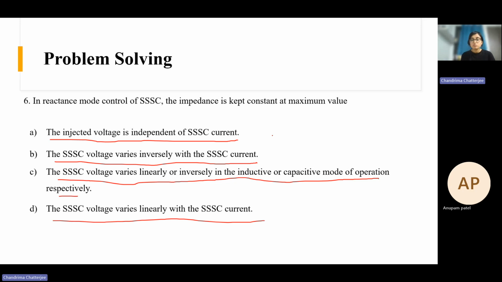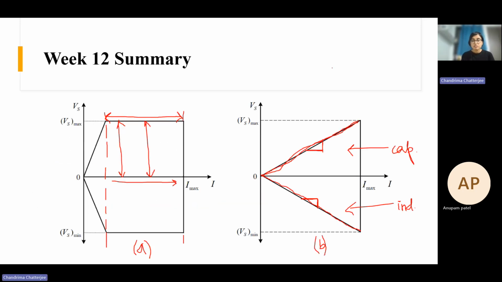Now we saw the two different modes of control. One was voltage control mode, another was reactance control mode, right? In voltage control mode, we saw that the voltage was remaining constant irrespective of the line current. The line current may increase from here to here, but the voltage is remaining constant.